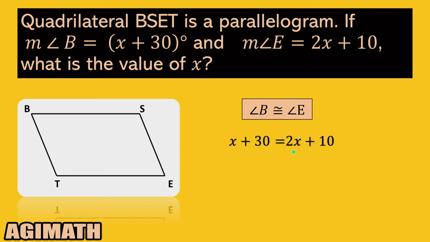So I like to transpose x to the right side and the 10 to the left side. So we will have 2x from positive x to minus x. So we have 2x minus x, and then from positive 10 to minus 10. So that's 30 minus 10. 30 minus 10 is equal to 20. 2x minus x is equal to x. And then that is x equals 20.